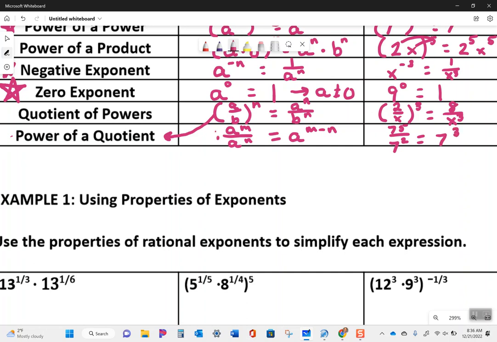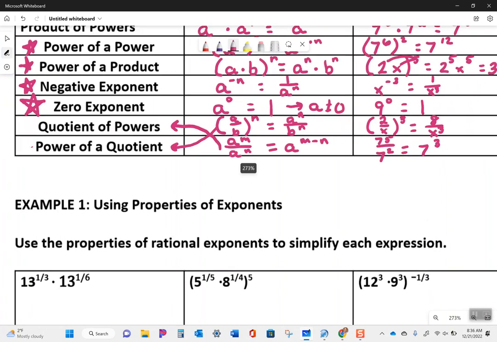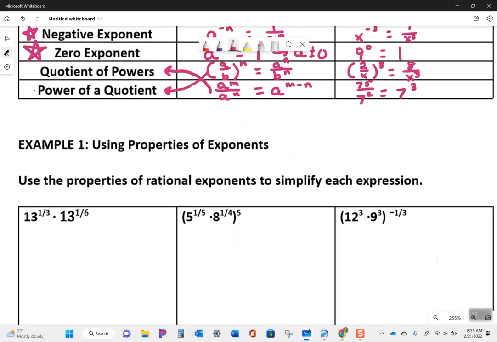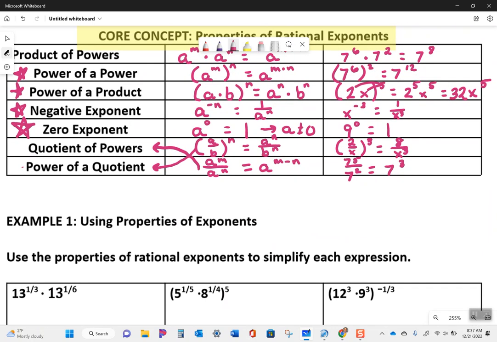So this example should go right up there. Okay, core concept, you have that stuff down? Okay, my friends, let's talk.